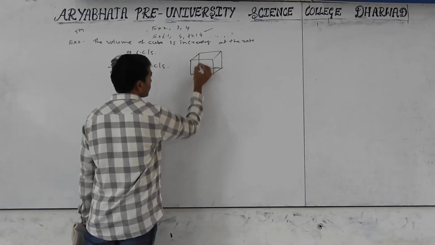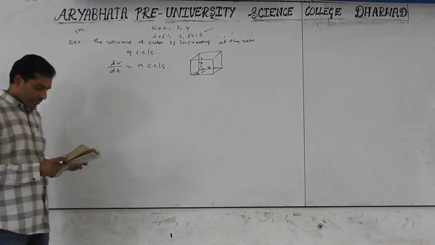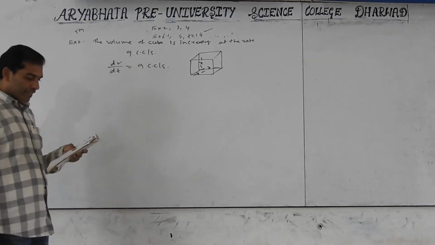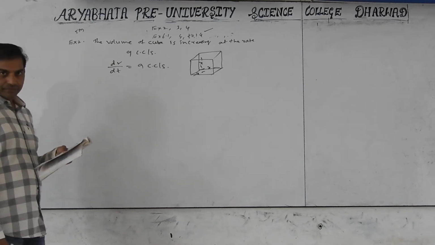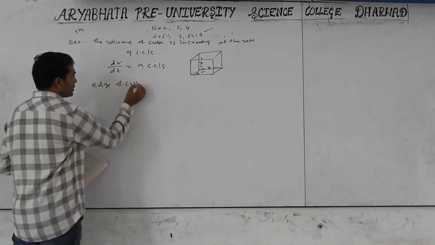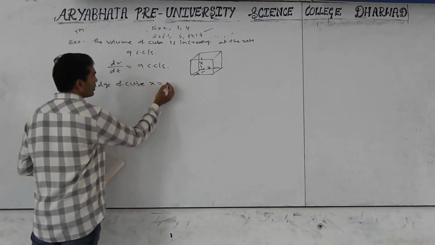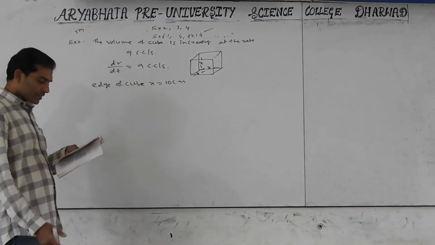Let the edge of the cube be x. Now, how fast is the surface area increasing when the length of the edge is 10 centimeter? Edge of cube x is equal to 10 centimeter. Right? How fast is the surface area?